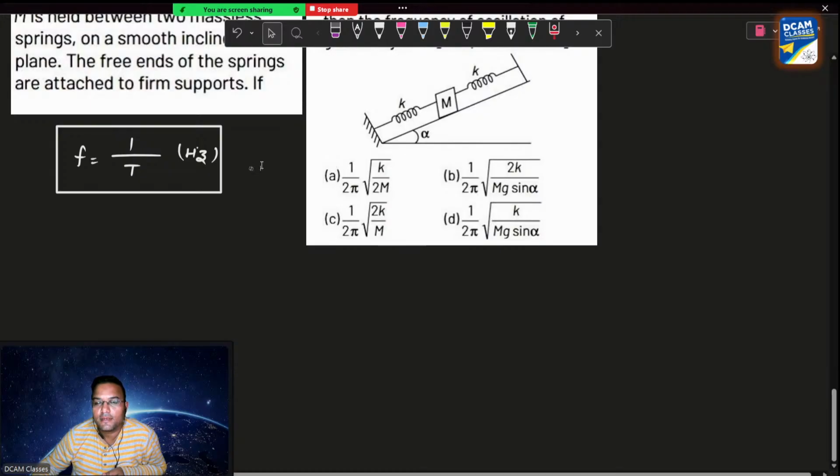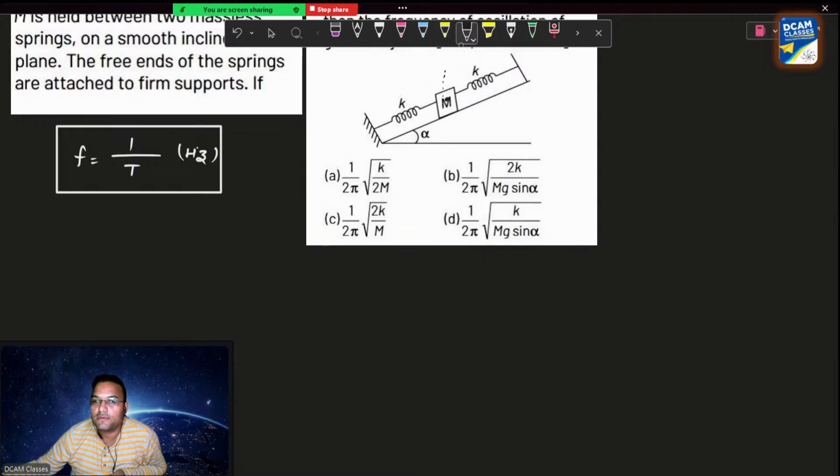It may be down the inclined plane, but who cares? Actually, you are correct. It will be somewhat down.